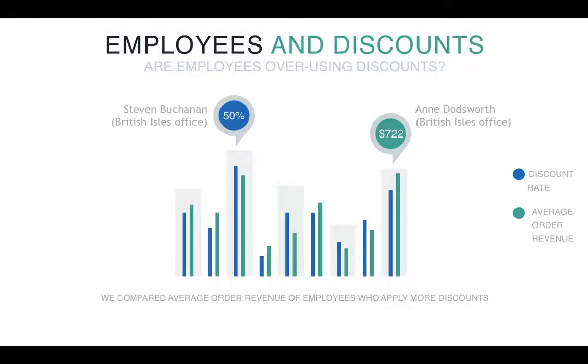And we also looked at the revenue generated, and we can see that Ms. N. Dodsworth from the British Isles office is the one who is bringing on average the highest revenue for her orders.